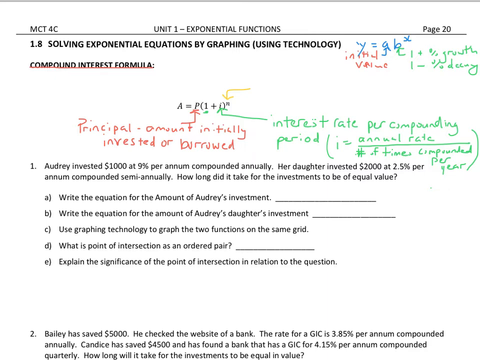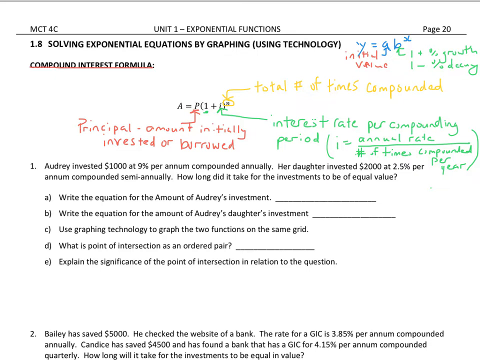So you could put a 2n as your exponent, where n would be the number of years. But in the end, the overall exponent has to represent the total number of times it's going to compound. Okay, so hopefully this will make sense as we go through an example here.